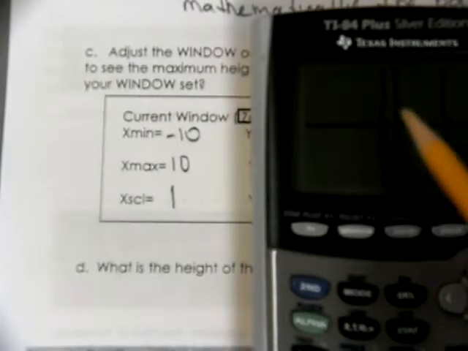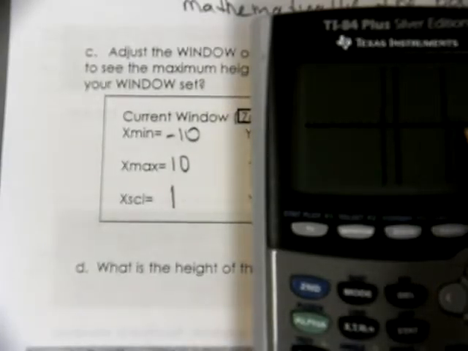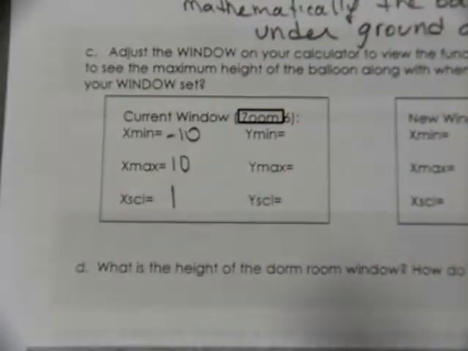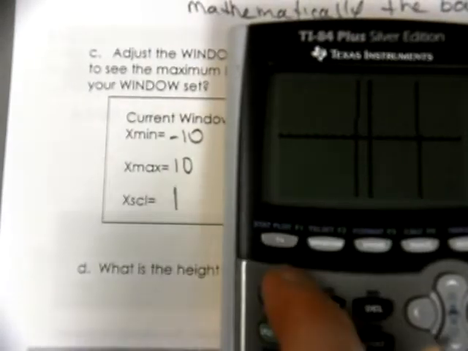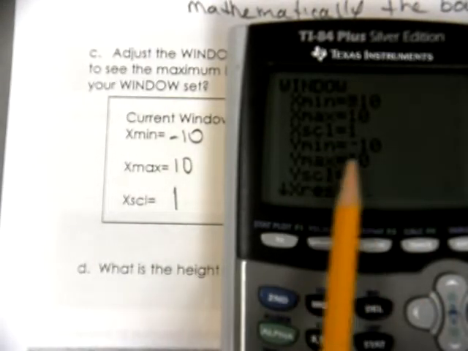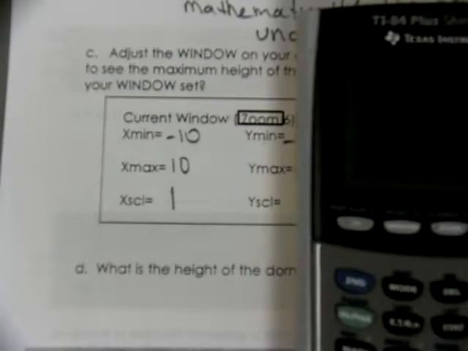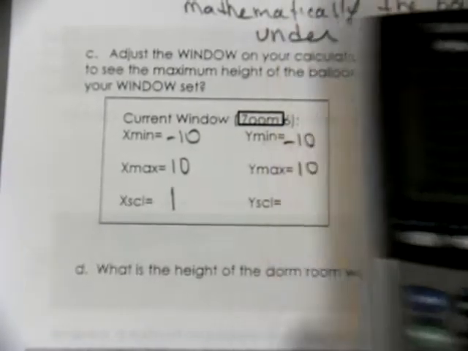And the scale is 1, which means that each of these tick marks in here is 1, and in our case, 1 second. The minimum y value for what we have originally is negative 10. The maximum is 10, and the scale, you'll notice, is 1.